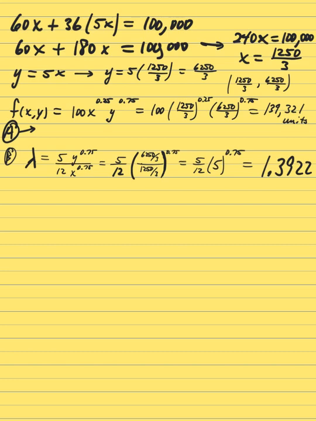Part C. We're going to use that lambda to find the maximum number of units that can be produced if total cost is increased to 145,000.